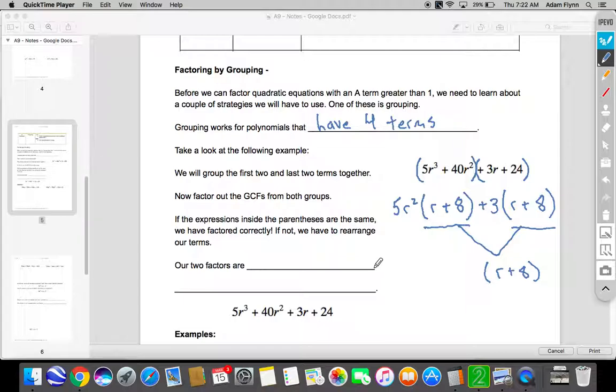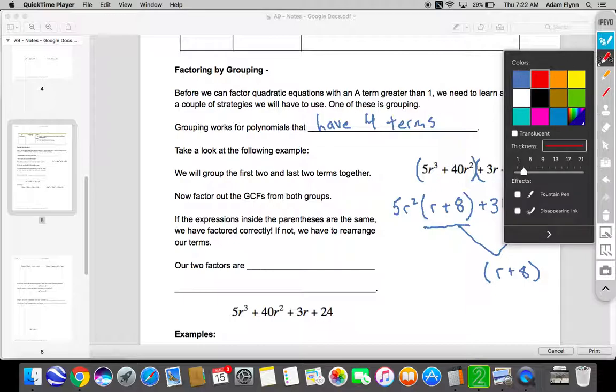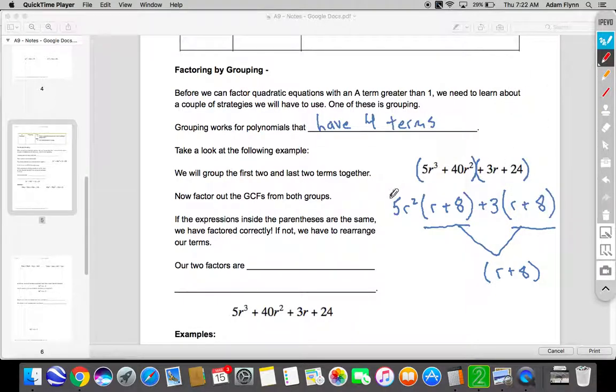So our 2 factors are going to be r plus 8 and whatever is outside of parentheses. So we have 5r squared and plus 3.